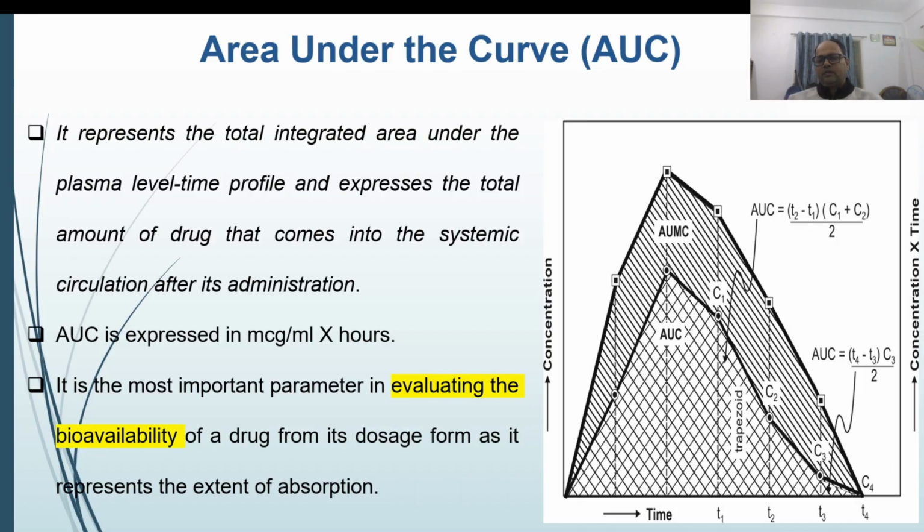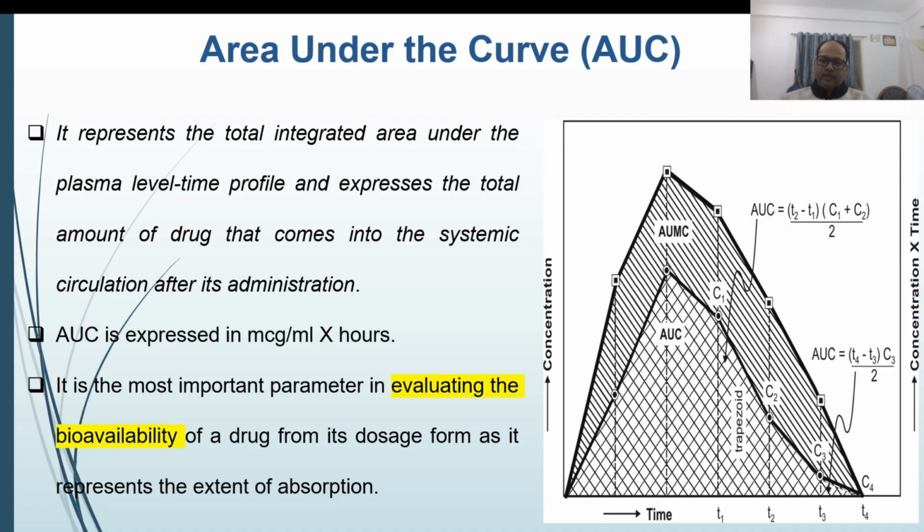And the concentration, that is the two parallel sides, can be found by extrapolating to the concentration axis. Then you put it in the formula of the trapezoid, that is half into summation of two parallel sides, C1 plus C2, into T2 minus T1, like that. Means from the higher time to the lower time, that will indicate the height of the trapezoid.